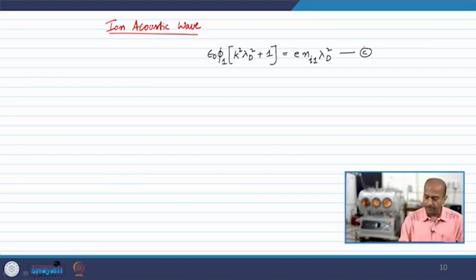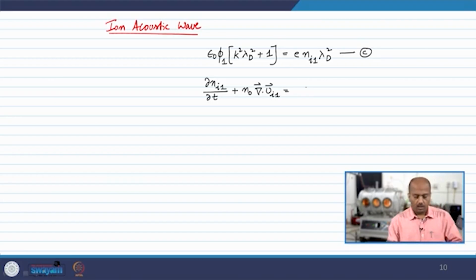So, we have dou n I 1 by dou t plus n naught del dot u I 1 is equal to 0.